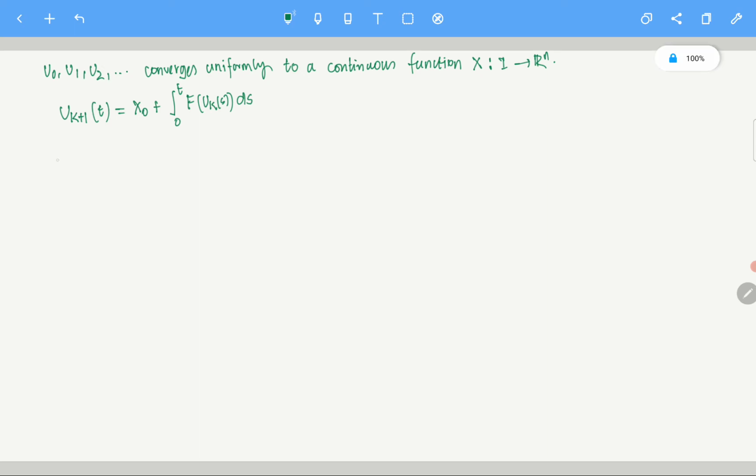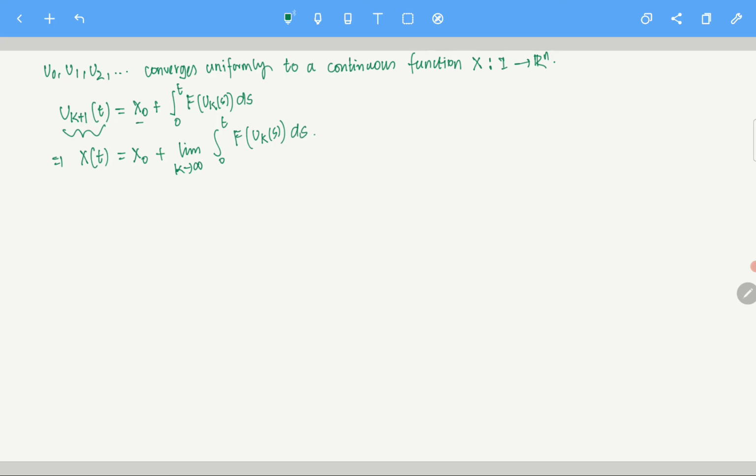Now if I am taking limits on both sides, the limit as k tends to infinity of u_k converges uniformly, so this part goes to x of t. Taking the limit on the other side, this is x0 plus the limit as k tends to infinity of the integral from 0 to t of capital F of u_k of s ds.